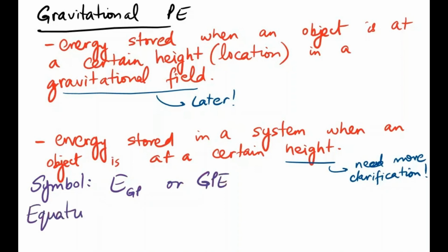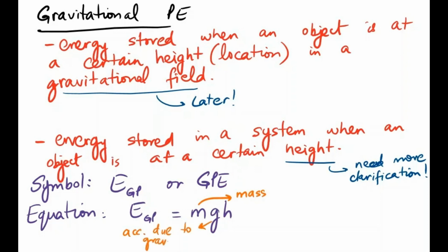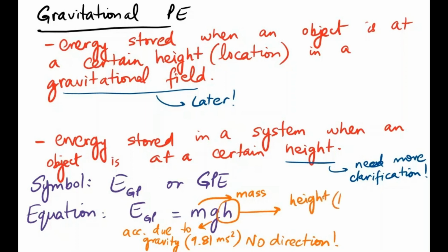The equation that will help us calculate it is mgh, where m is the mass of the object, g is the acceleration due to gravity, which we already know is 9.81 meters per second squared on the Earth. Also keep in mind we're only going to use the magnitude, not the direction or the negative number. H is the height of the object, and how we measure it is going to matter.